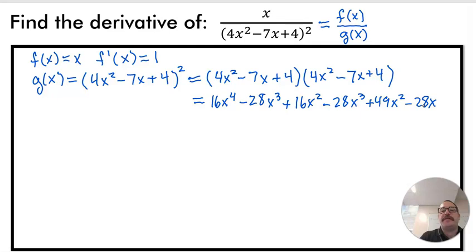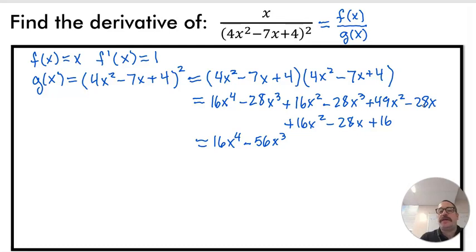And then our last part, here we go. All right, so nothing too bad. So we've got 16x to the fourth, and then our x cubed, we've got negative 56 of them.